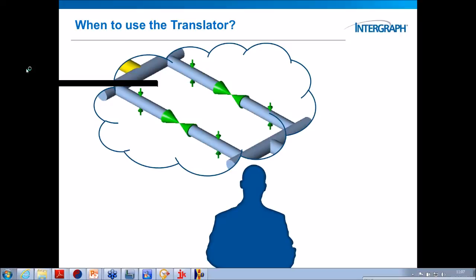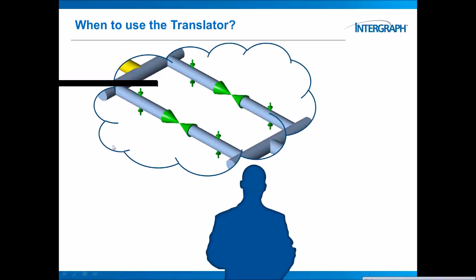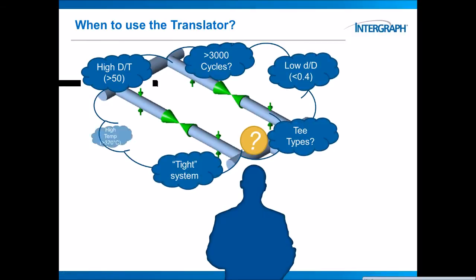There are certain characteristics of your system which will affect how the more applicable data will affect your system. These are things such as if your system has a high D over T ratio, greater than around 50, I think is the number that we talk around.